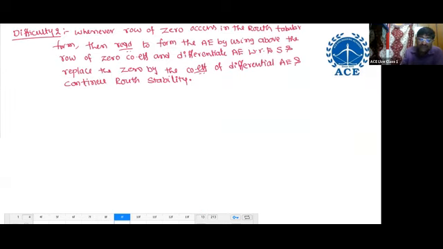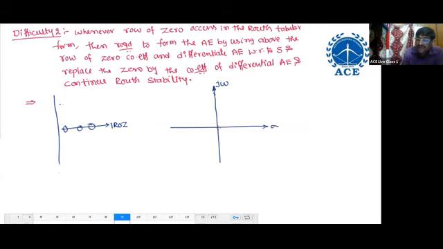Listen all of you, it is very important. What is the meaning of row of 0? Row of 0 occurs means poles are symmetrical about the origin.